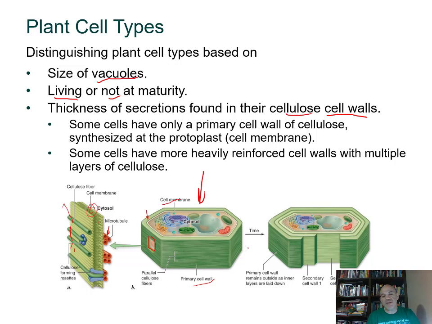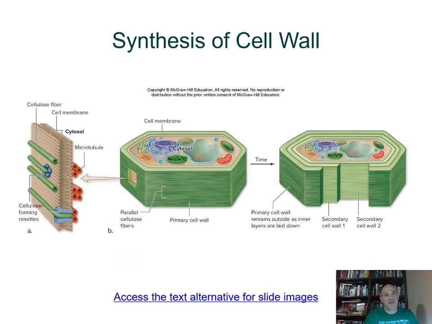Now, some cells are going to become thicker, and they're going to start laying down more cell wall. And you can't put the cell wall on the outside, so the secondary cell wall is built from the inside. You can see in this case there's been some secondary wall built and then another secondary wall. So overall now, this cell is much different than this one and has a much thicker cell wall. So these are going to be ways that we can tell between some of the cell types.